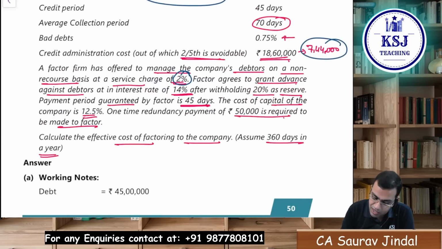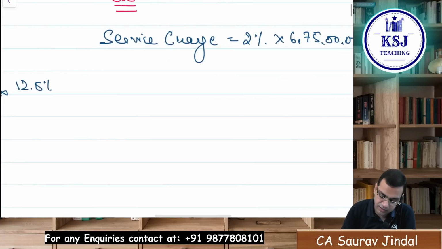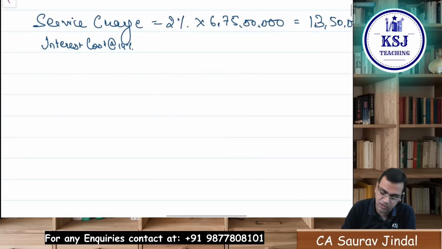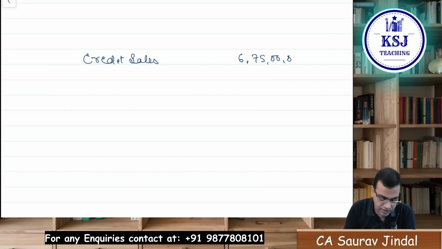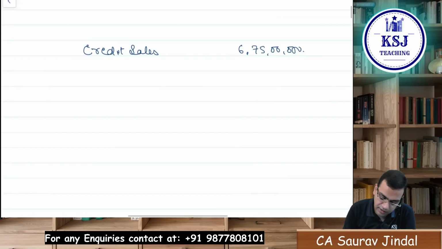Next, interest. Now the factor agrees to grant an advance at an interest rate of 14%. This is another cost that will be there, after withholding 20%. Now these things need to be calculated, sir. Interest cost at the rate of 14%. How will you calculate this interest cost? Let's try to understand here. What is your credit sales? Credit sales is 6 crore 75 lakhs, right? And what is your average level of receivables?